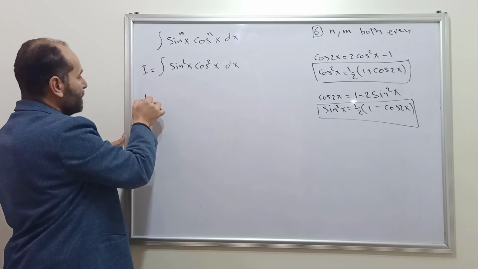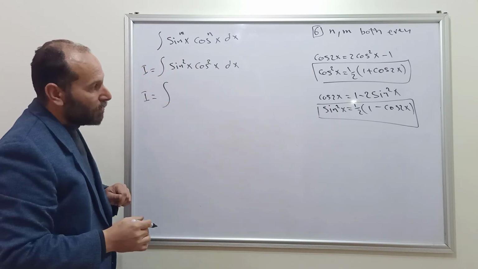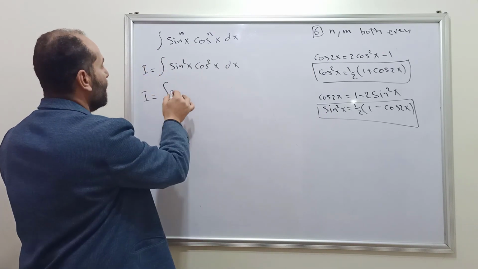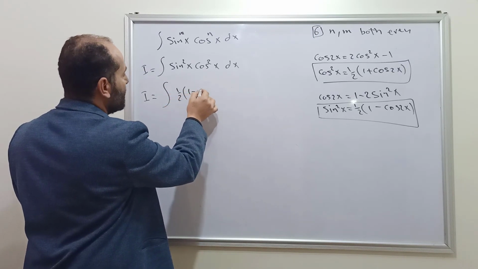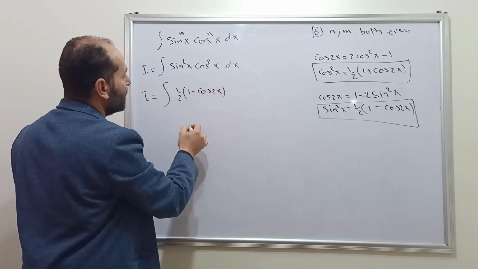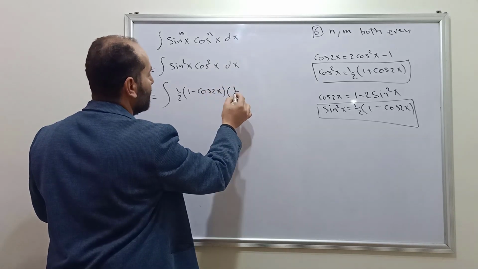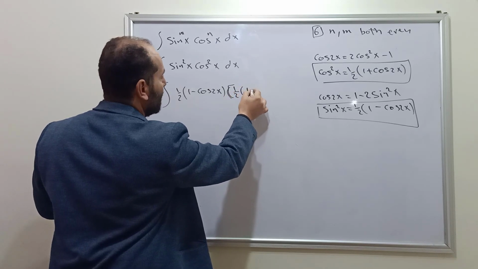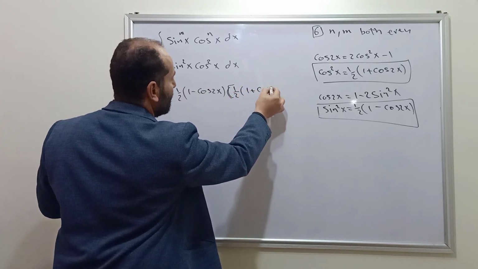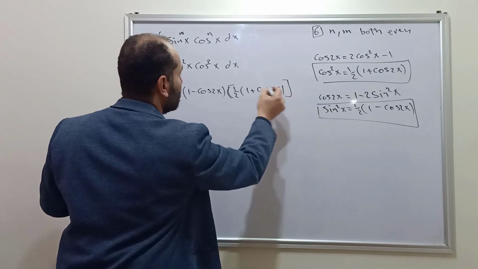So this integration equals half times 1 minus cosine 2x, times half times 1 plus cosine 2x dx.